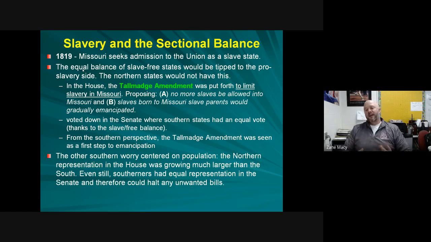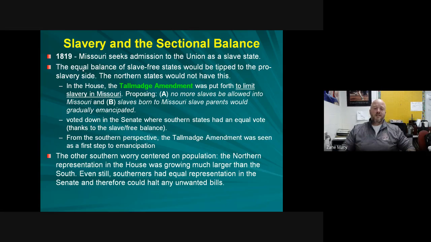And even at this point, and I'll talk about this more as we get closer to the Civil War, as morally corrupt as the institution of slavery was, the Southern states had built their economies, their agrarian economies, their farming economies, around the institution of slavery.